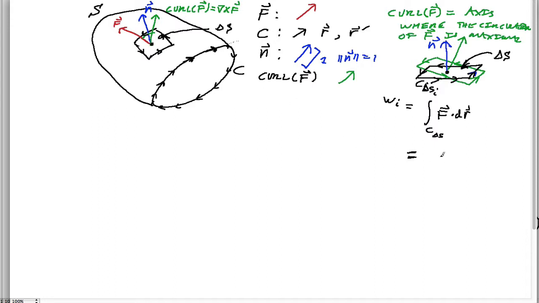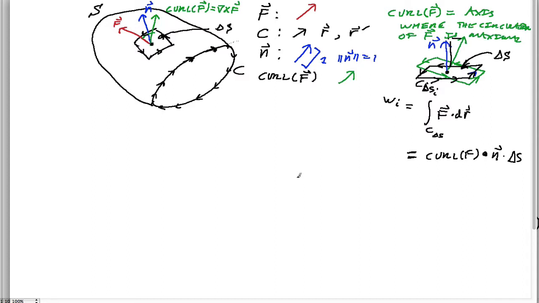So we can write this as the curl of F dotted with n, because the dot product always measures the component of the curl in the direction of n. And then we make that representative, call that delta S.